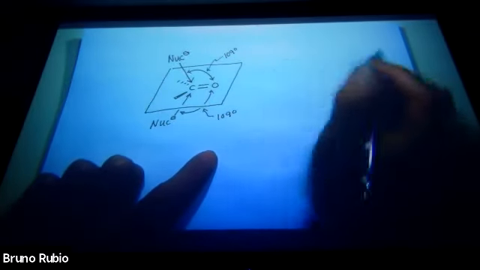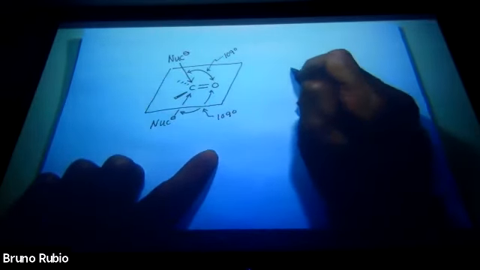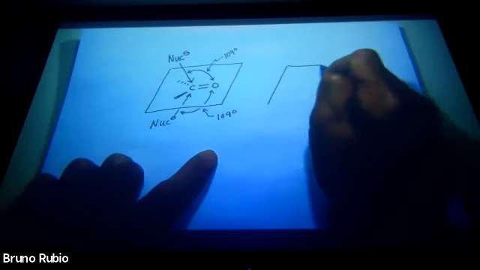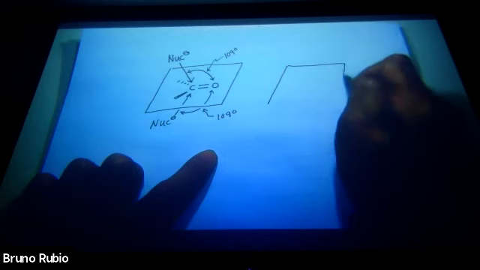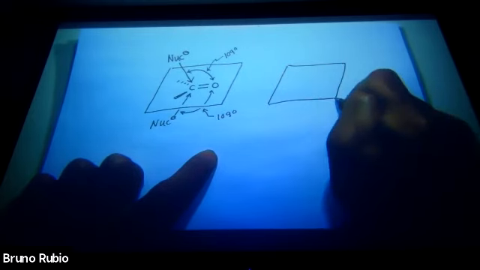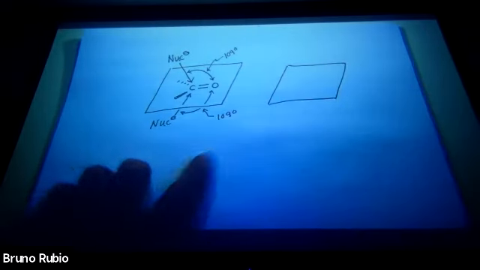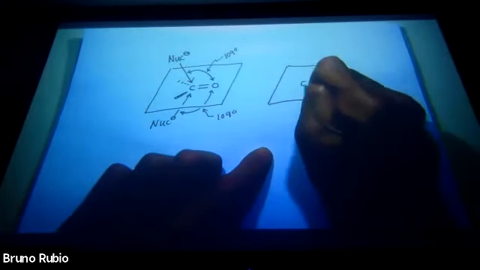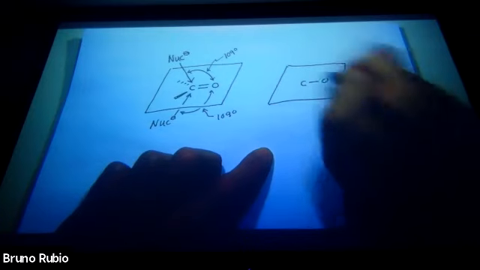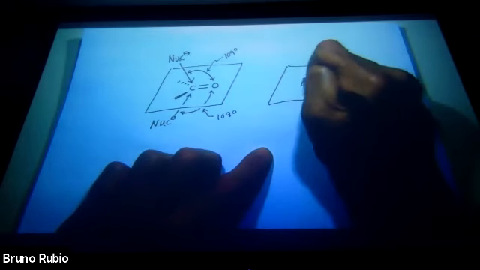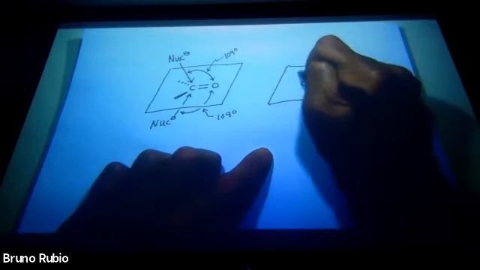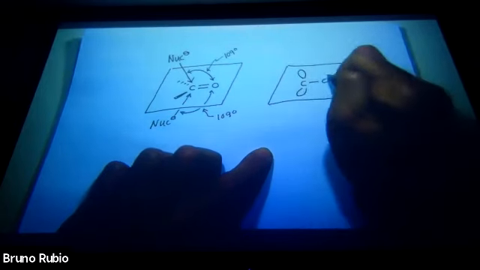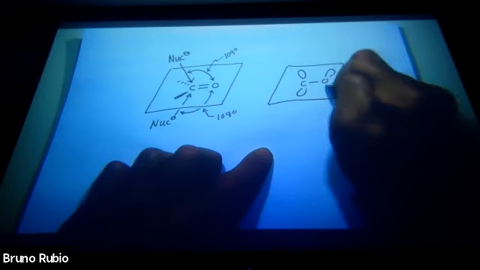Okay, so I'm going to redraw this picture somewhat. And this time, instead of writing those bonds, what I want to emphasize now is the orbitals that are involved in this interaction. So you have the carbonyl group here, right? And it has an orbital that is pointing in this direction. It has an orbital that's pointing in this direction. Orbital there, orbital there.